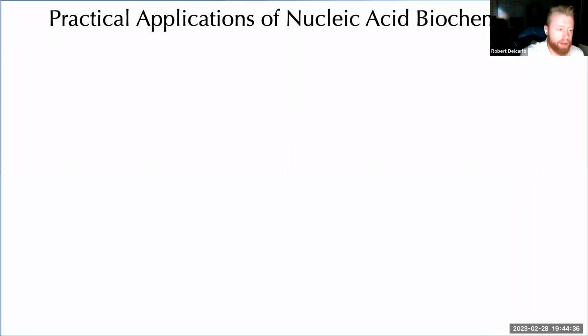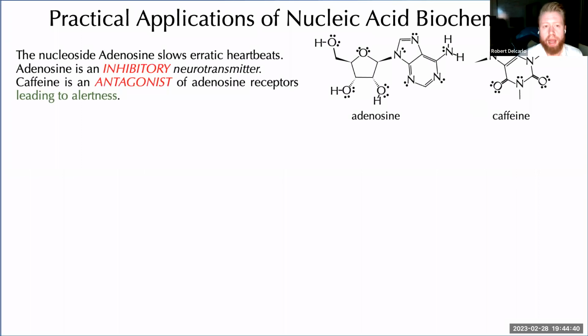Let's move on now to another way that we can use nucleic acid biochemistry. As I mentioned before, some of these nucleosides can act as neurotransmitters, and adenosine is one of them. If someone has an erratic heartbeat, the inhibitory effects of adenosine, if you inject it into the patient's blood, will slow that person's heartbeat.